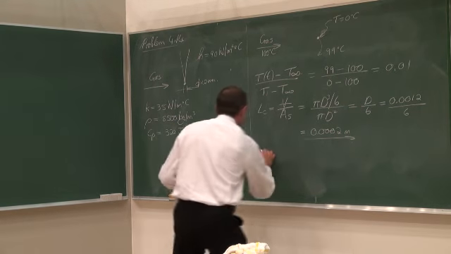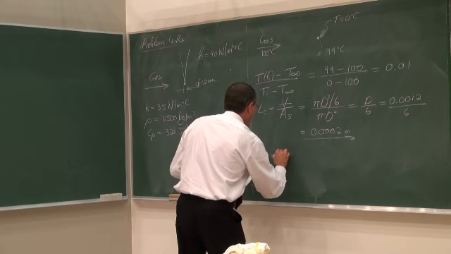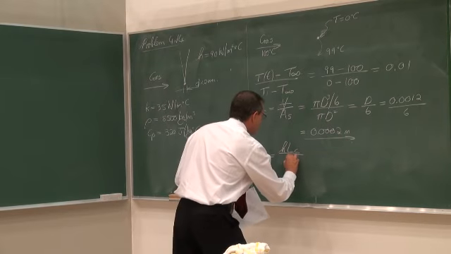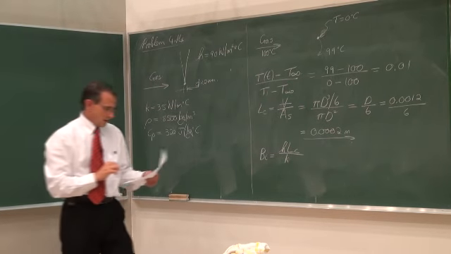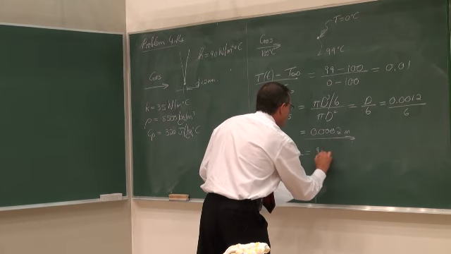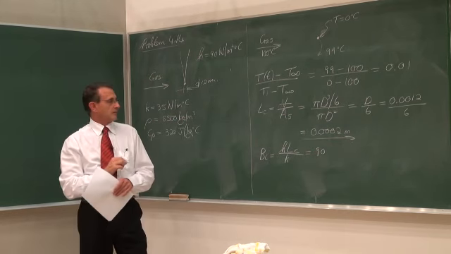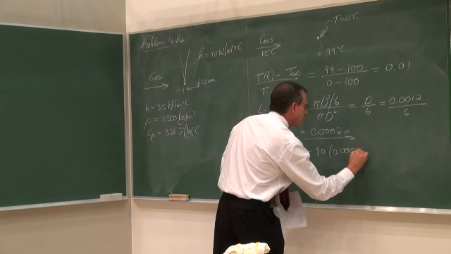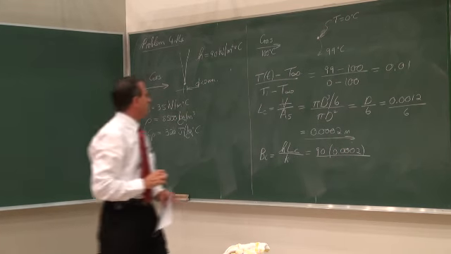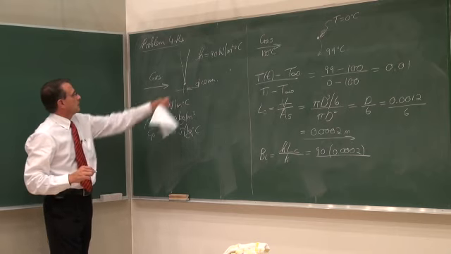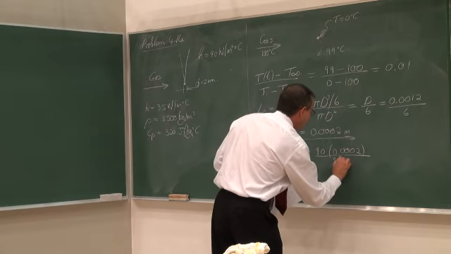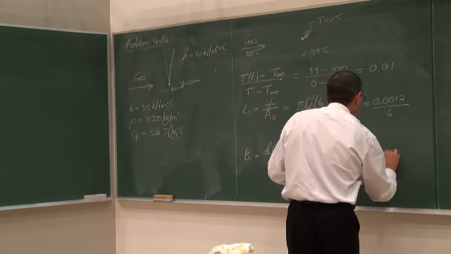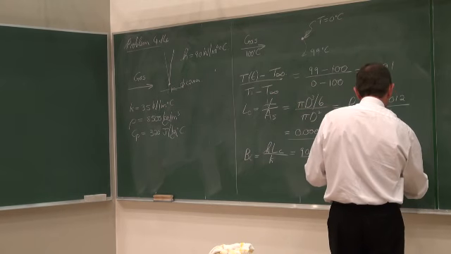Okay, the Biot number: the heat transfer coefficient multiplied by the characteristic length divided by the thermal conductivity K. The heat transfer coefficient has been given as 90. The characteristic length is 0.0002, divided by the thermal conductivity of the thermocouple, which is 35, and that gives us a Biot number of 0.000629.